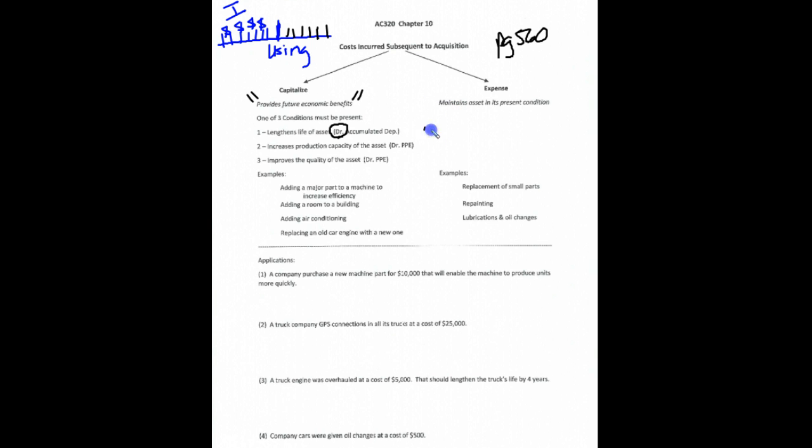So let's say we had a piece of equipment, I'm just going to abbreviate that, for $100,000. And let's say that equipment had accumulated depreciation of $60,000. So the book value would be $40,000 at this point in time.